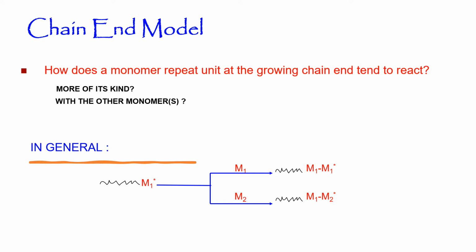So in this slide, for the chain end model, you can assume how a monomer repeat unit at the growing chain end tends to react. Does it react with more of its kind or with another type of monomer? In general, the growing chain will react with the same type of monomer, or this growing chain end monomer can also react with the type 2 monomer.